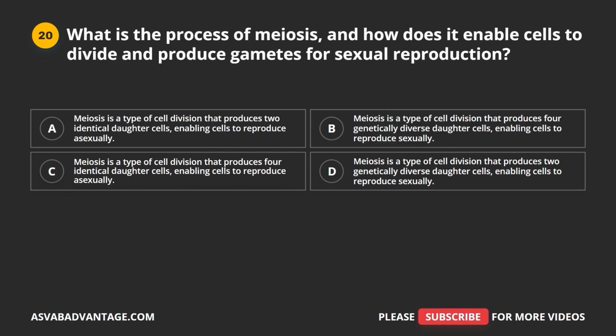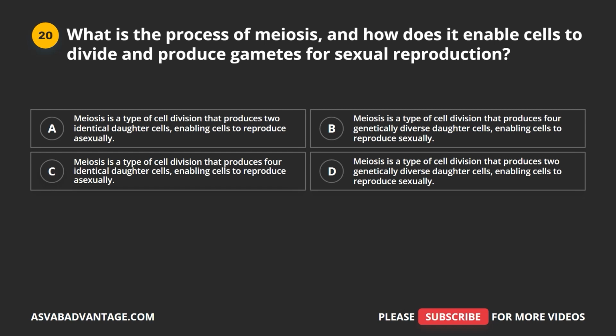Question 20. What is the process of meiosis, and how does it enable cells to divide and produce gametes for sexual reproduction? A. Meiosis is a type of cell division that produces two identical daughter cells, enabling cells to reproduce asexually. B. Meiosis is a type of cell division that produces four genetically diverse daughter cells, enabling cells to reproduce sexually.